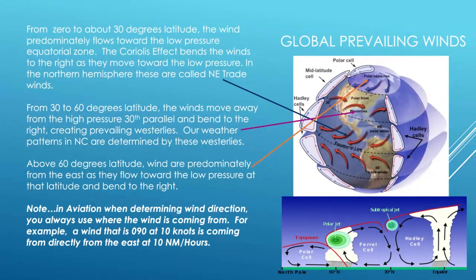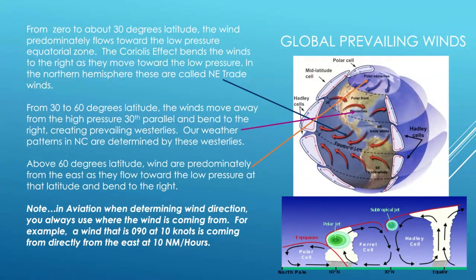So when we talk about winds are 350 at 10, where are they coming from? The north, northwest. Yeah. So when I define winds, and it works out that way, we'll say that's 340 is the winds at 10.